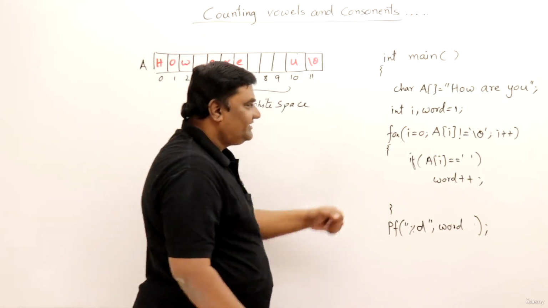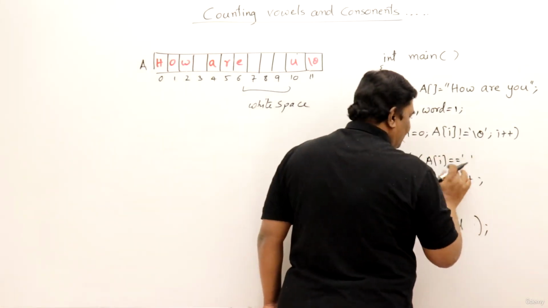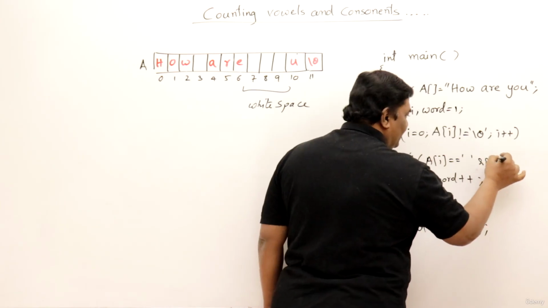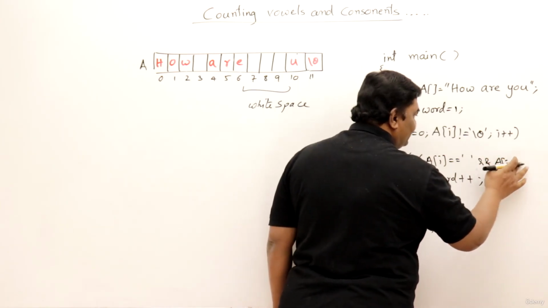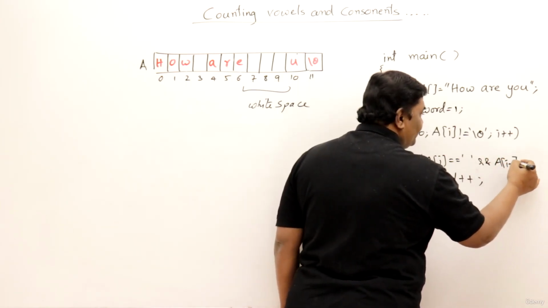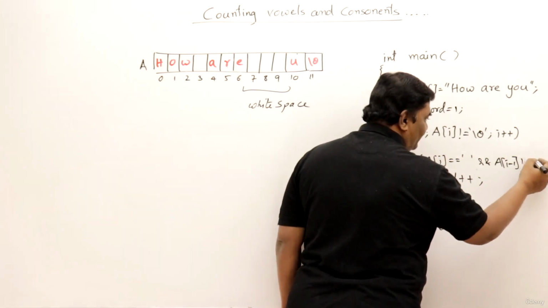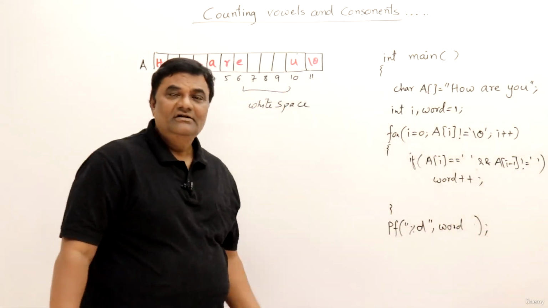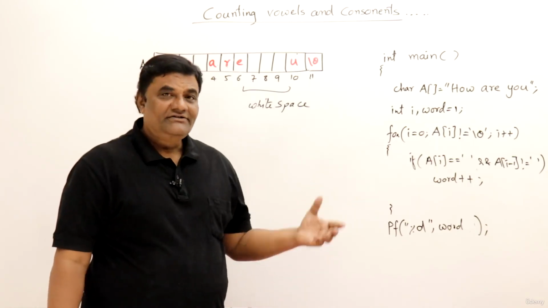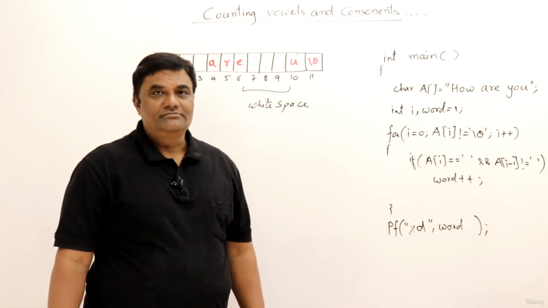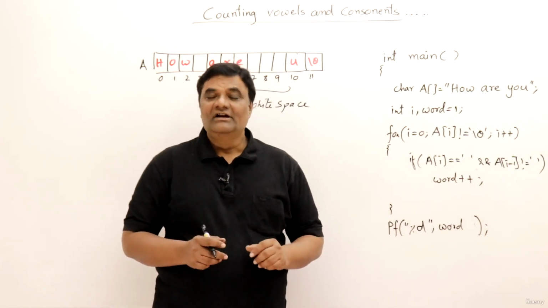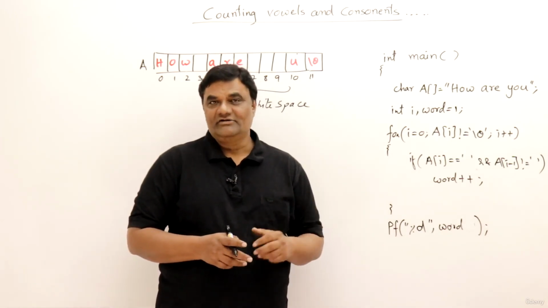So here, along with this condition, I should check that if a of i is equal to space and a of i minus 1, that is previous alphabet, should not be a space, right? If so, then word plus plus. So extra condition. So it will take care of white spaces also. That's it. Then print the number of words here. So this is the procedure for considering white spaces also.